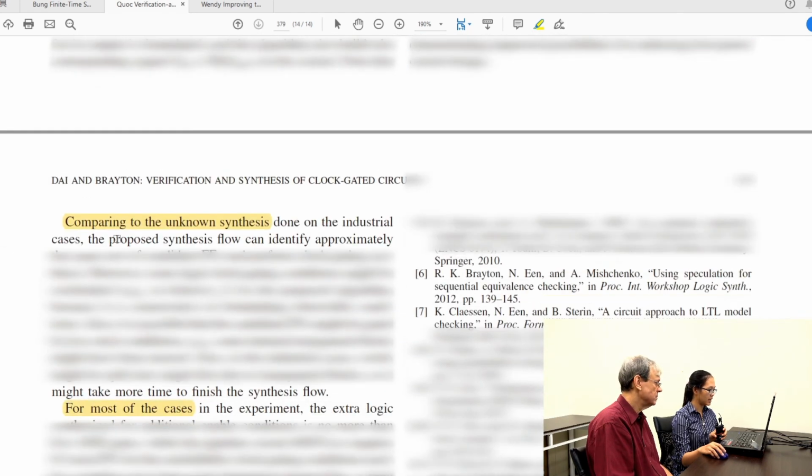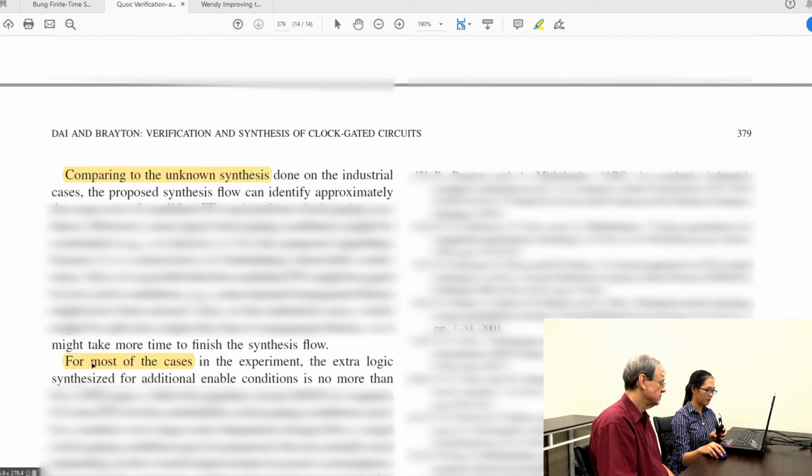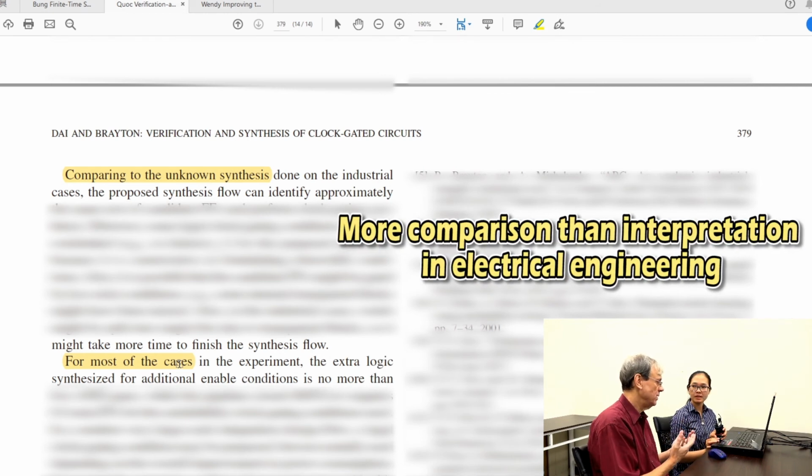Very clearly, they talk about comparing to the unknown synthesis for most of the cases. This will be the comparison component. So again, here you have mostly comparison. You don't have much interpretation because it's built on established theory, and you know what to expect. You don't need to explain why you're getting the results.